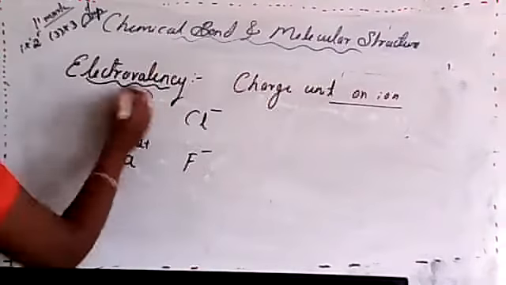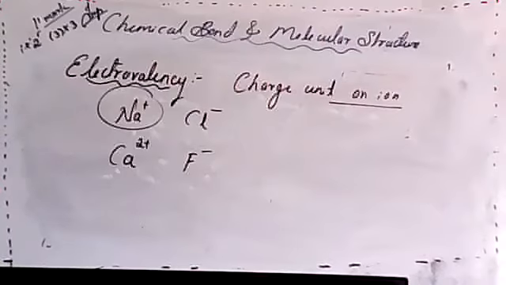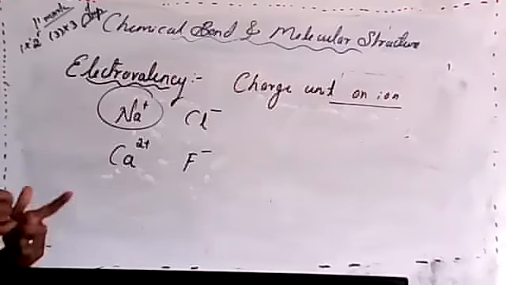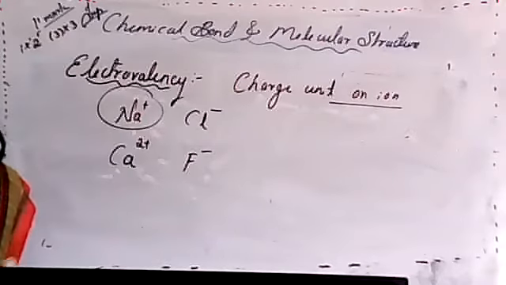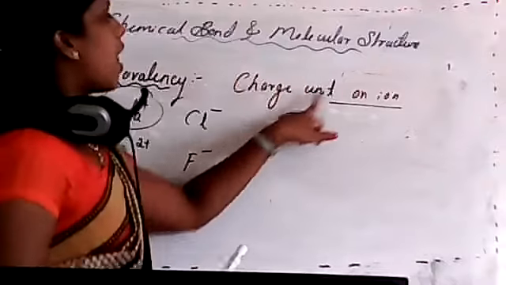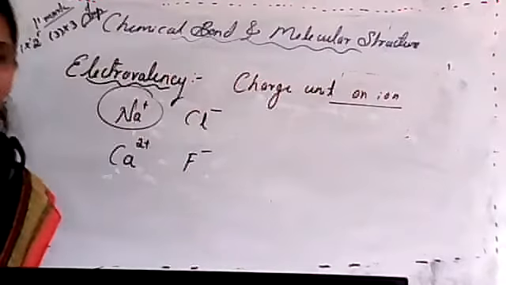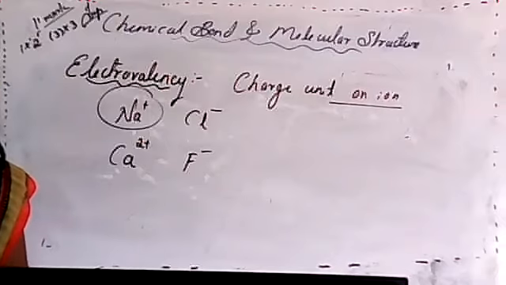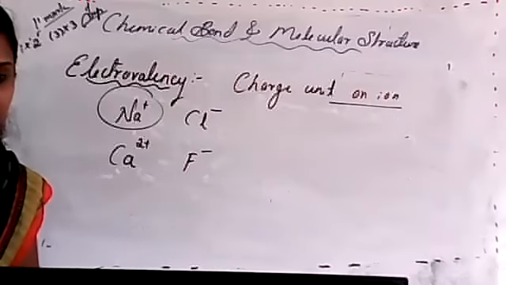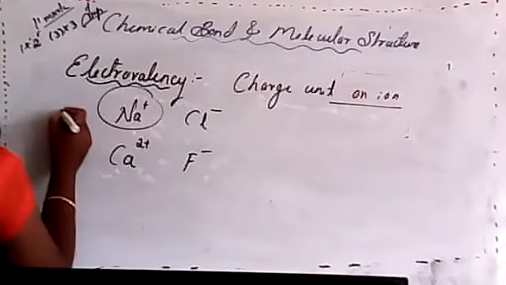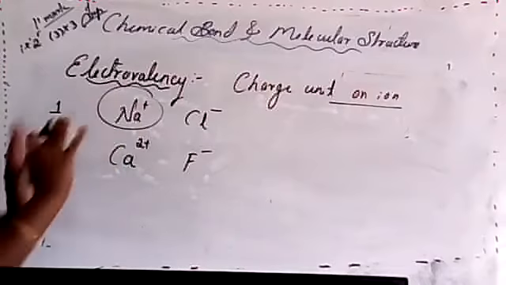So now the question, what is the electrovalency of Na plus ion? Student, it is nothing but the charge unit on the ion. Number of charge units, yes, simply one, not plus or minus.